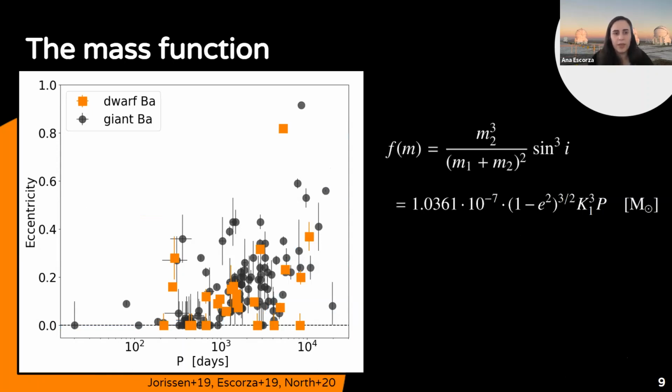One more thing that we can get when we work with spectroscopic binaries is the mass function. The mass function is this expression over here that relates the orbital parameters that I just showed you, and this K is the semi-amplitude of the radial velocity curve that I showed you before. This mass function relates this with the masses of the two components in my binary system and with the inclination of the system.